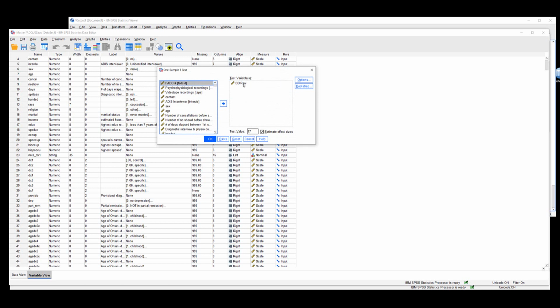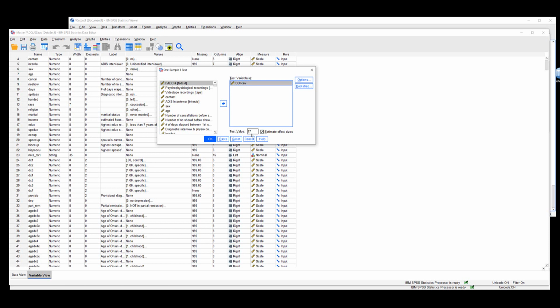And this is the measure of depression I've got here, the Beck Depression Inventory. It's a raw score. And I'm going to compare it to a cutoff of 17. And so the Beck Depression Inventory, I could compare it to 0. And if I compare it to 0, I'm basically saying, is there any depression in this group? And I'm quite likely to get an answer of yes.